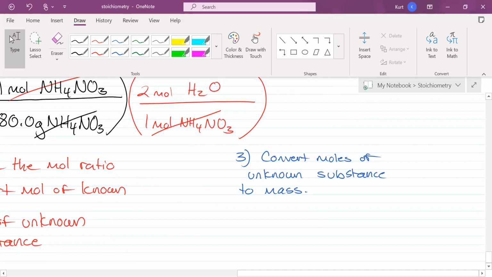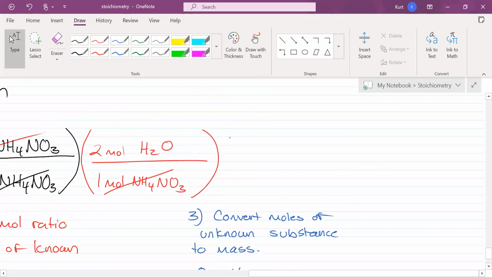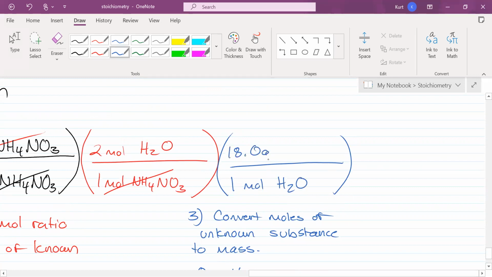Rather than just look it up and look it up and look it up, just memorize it. It's 18 grams per mole. If you don't know where I got that, oxygen is 16. 2 hydrogens is 2. 16 plus 2 is 18. 18 grams per mole. Okay? So, 1 mole of H2O is equal to 18.0 grams of H2O. And you are now done setting it up.